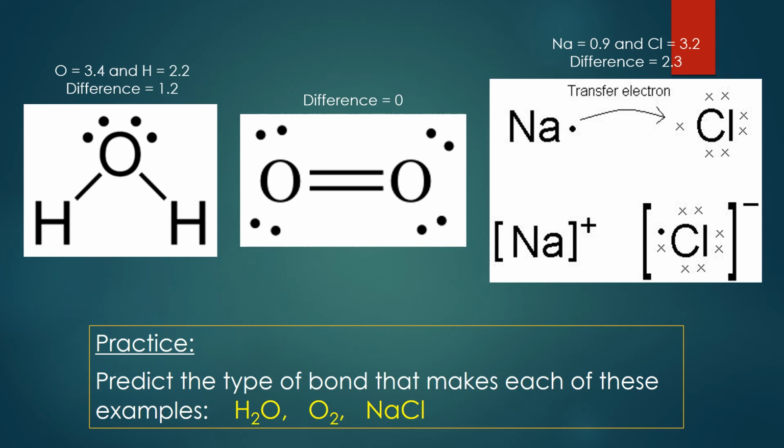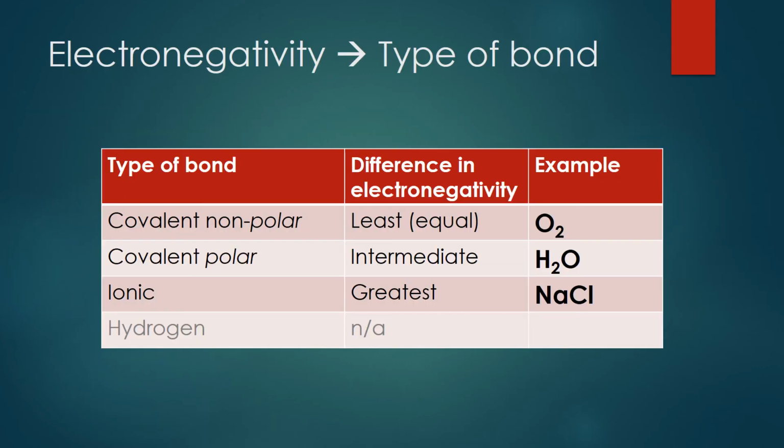And chlorine has the stronger electronegativity value, so chlorine is going to want to pick up an extra electron, and sodium has a low electronegativity, so it's very happy to give one up. This variation in the difference in electronegativity value between atoms in these bonds allows you to predict the type of bond that makes each of these molecules.